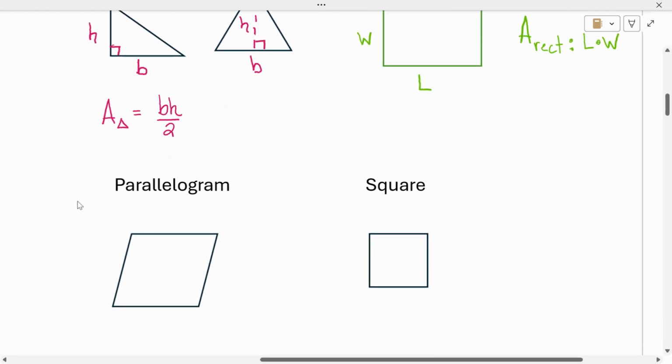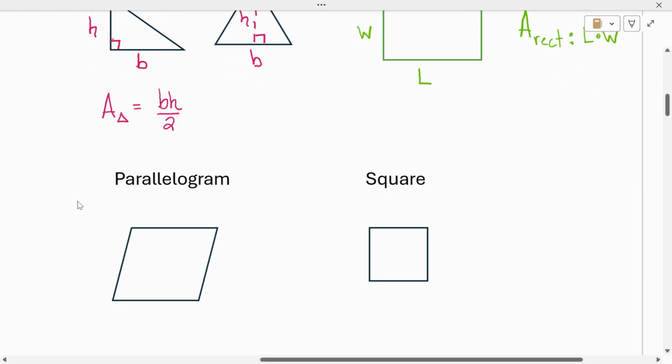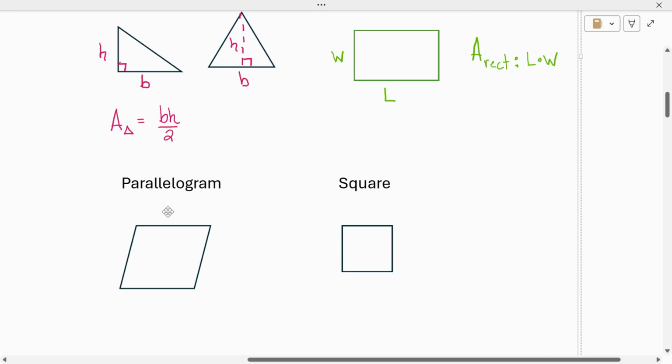When I look at this parallelogram, it kind of looks like a rectangle that got squished. Doesn't it? So if you were to compare the parallelogram to the rectangle, they kind of look the same, except the parallelogram leaned over to the side.